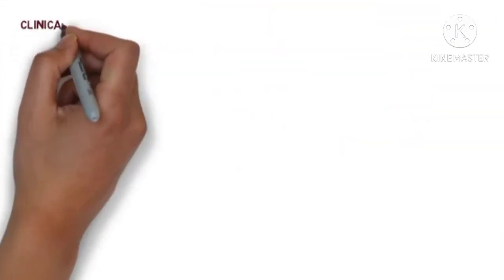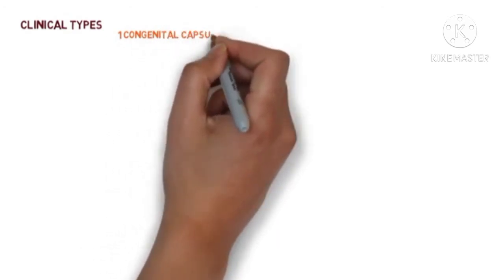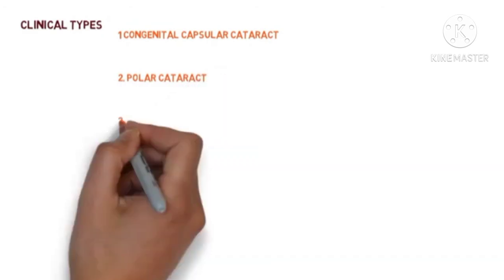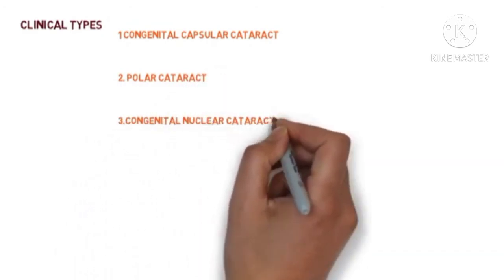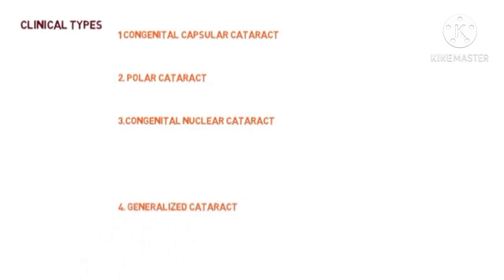Now, moving toward the next topic, that is clinical types. In congenital cataract, there is congenital capsular cataract, polar cataract, congenital nuclear cataract, or generalized cataract. There are subtypes.